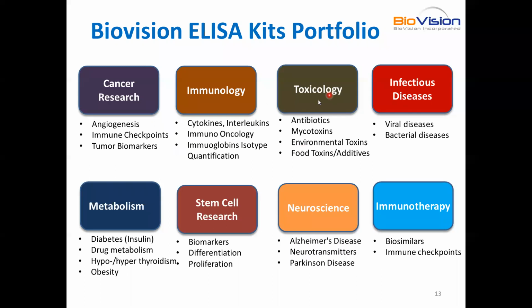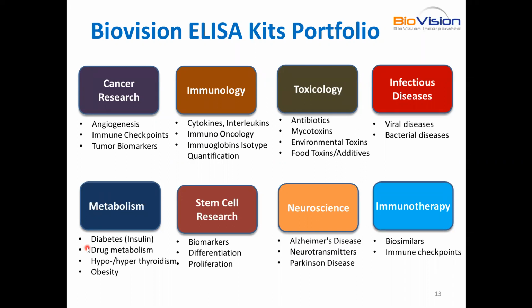We also offer ELISA kits for the detection of various infectious diseases. This includes different viral diseases and bacterial diseases, and I'm going to talk about this one in detail too.